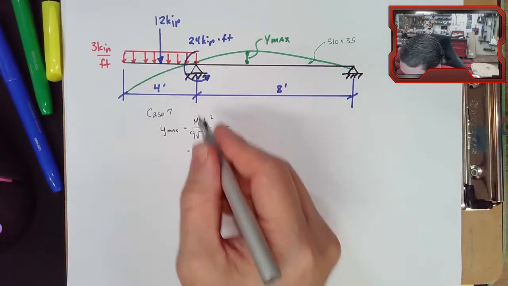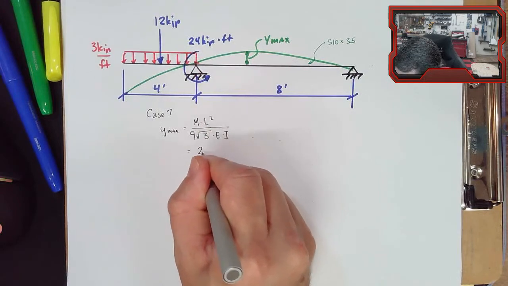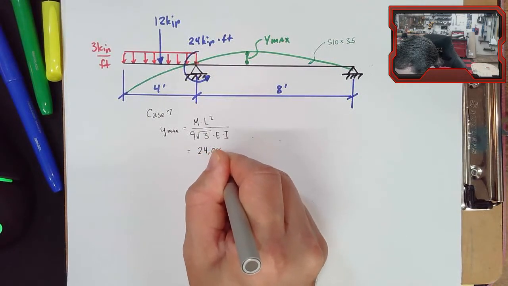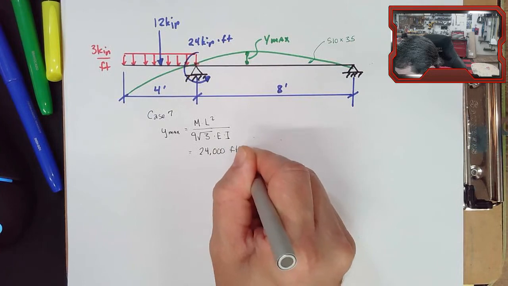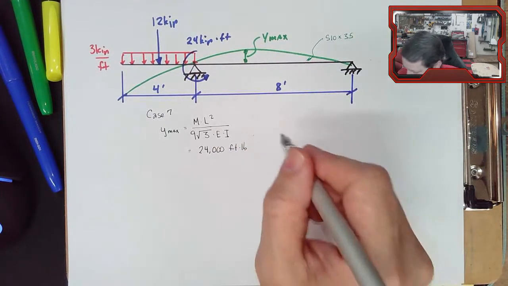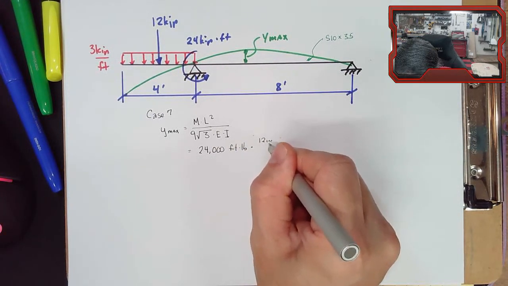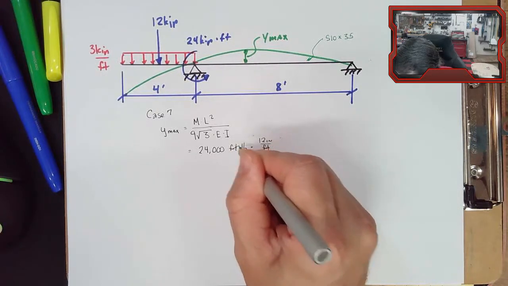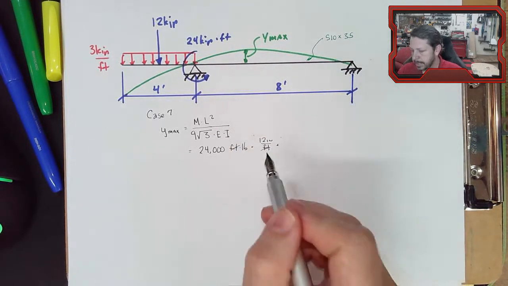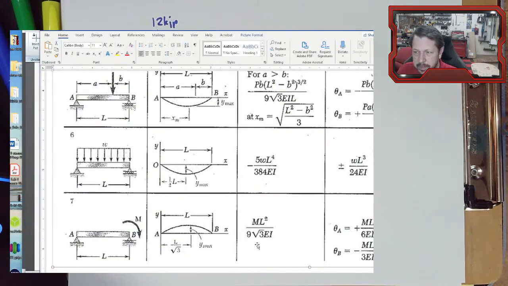M is 24 kip-feet, so I'm going to put 24,000 foot-pounds and convert that to inch-pounds, 12 inches per foot. For L, we have to look at what L comes from over here, and it says L is labeled as the distance between A and B, the pin and the roller.